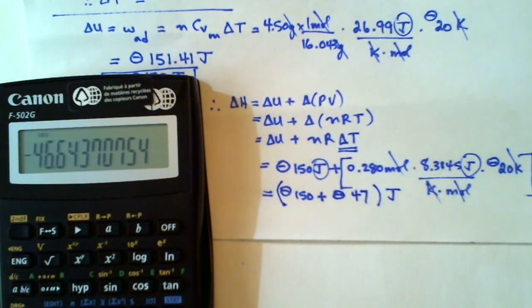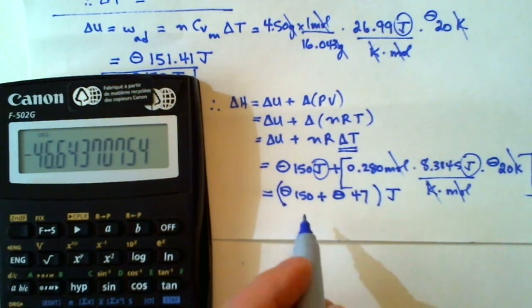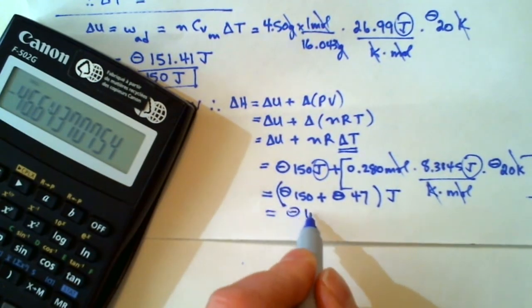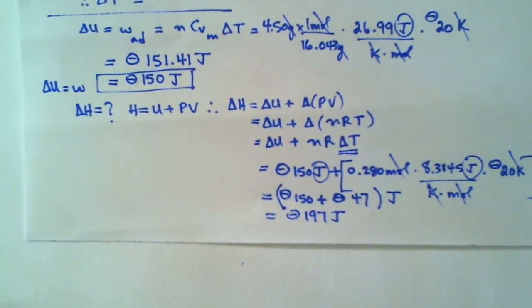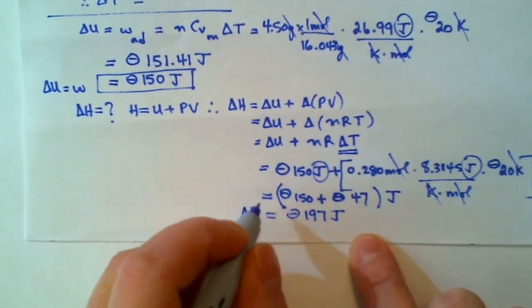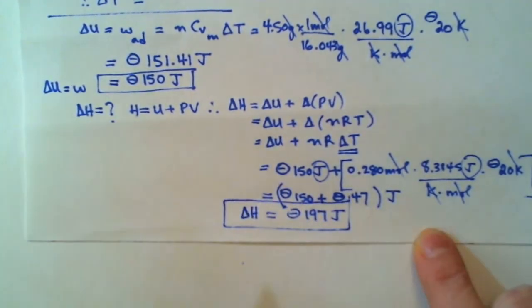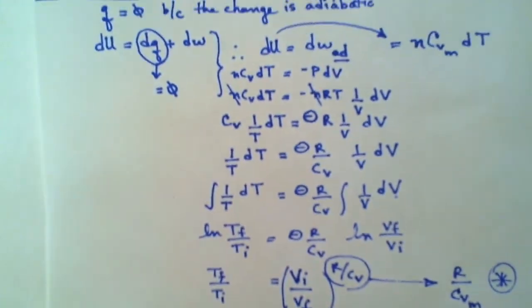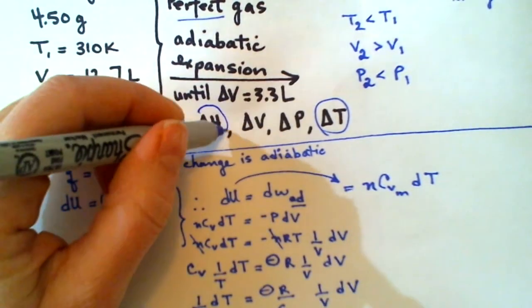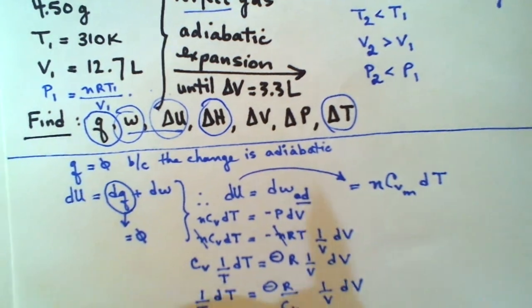So I did a 2 sig fig there. No decimal places, so let's just add these together. It's a negative and a negative, so 150 and 47 is 197. Okay. And that's delta H. Good. And that makes sense too, right? Because you expect delta H to drop. You would expect that change to be a minus.